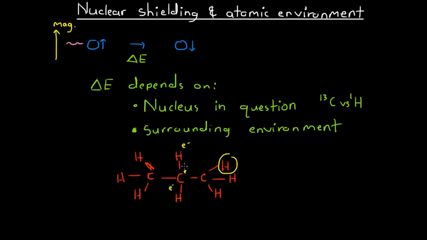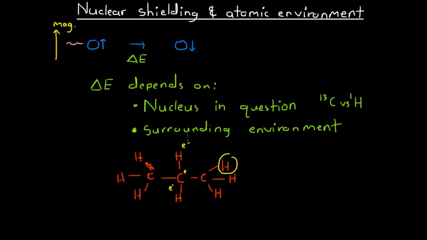What happens is that those electrons, so we know that spin is a magnetic phenomenon, well, these electrons also have their own sort of spin or magnetic phenomenon. If we've got electrons very close by to this hydrogen atom, the magnetic field caused by these electrons is going to combine with the external magnetic field to change the conditions around this hydrogen atom.